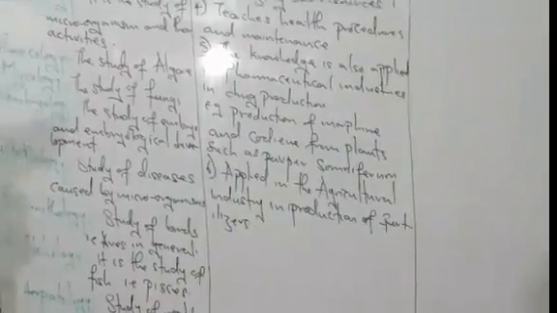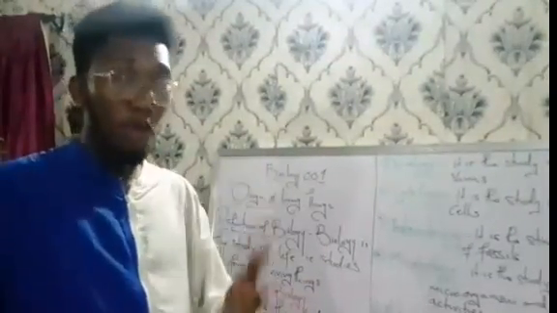At the end of the day, when you produce more fertilizers, like your NPK, you improve soil fertility. All right. And when soil fertility has been improved, automatically productivity will be improved also.